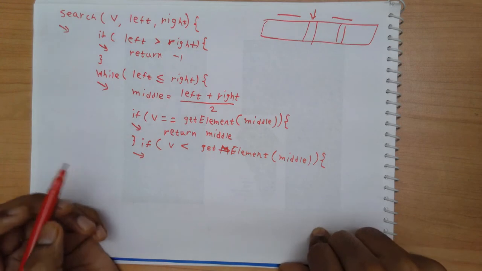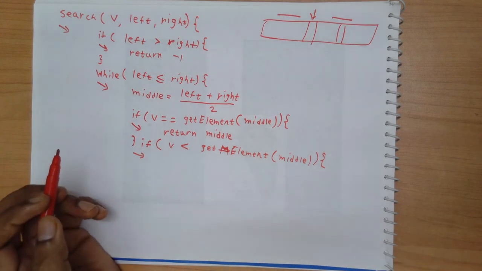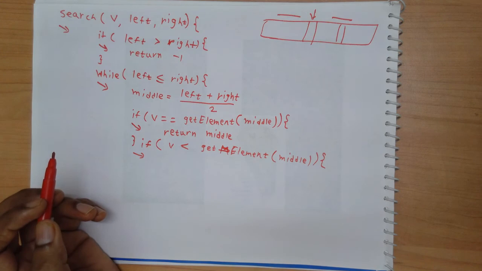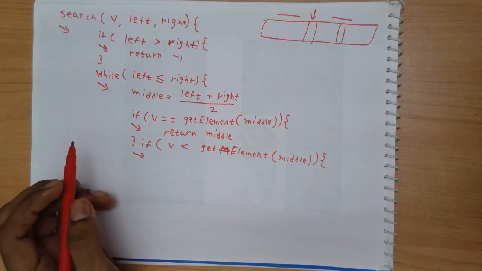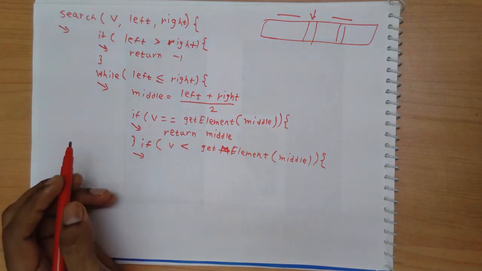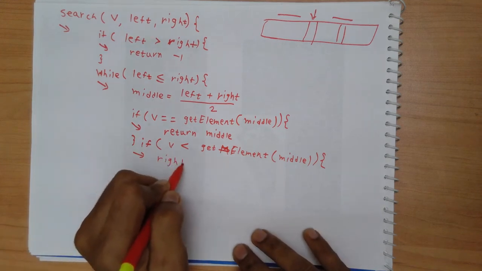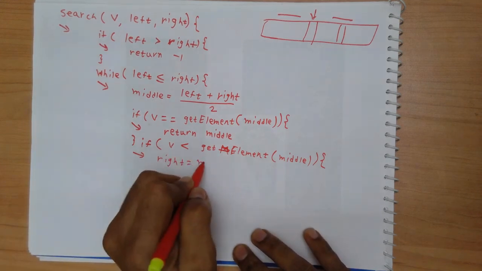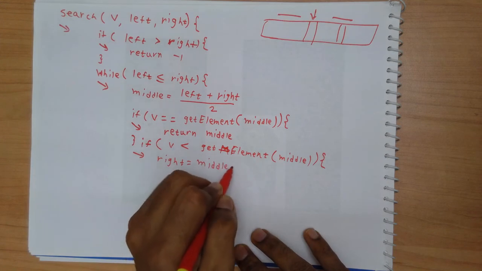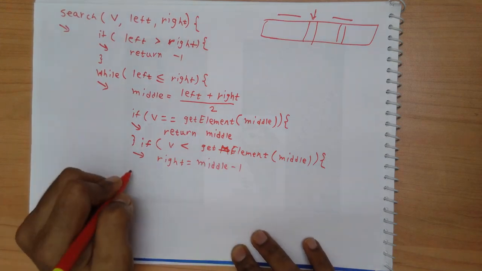So I would only change my right pointer. Left would still remain the same. I would say that my right should now be equal to middle -1.